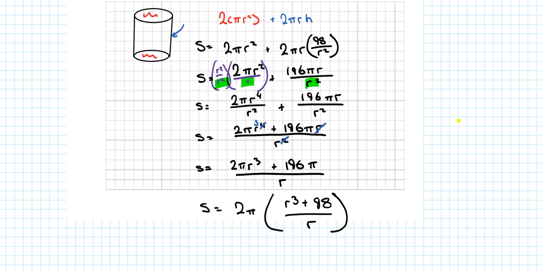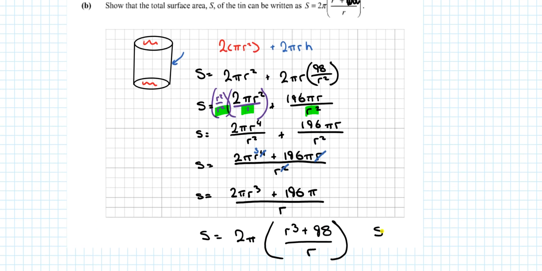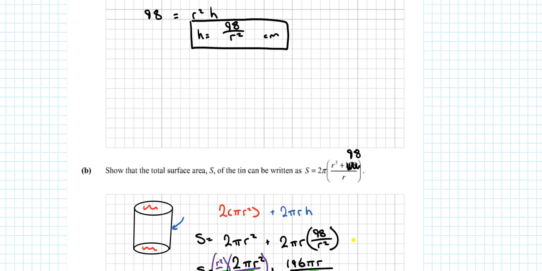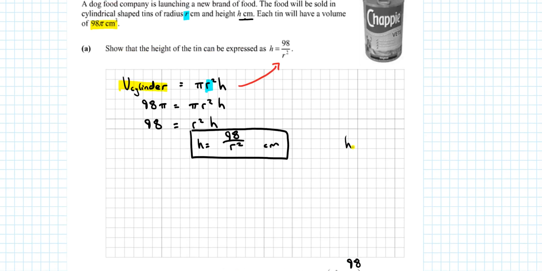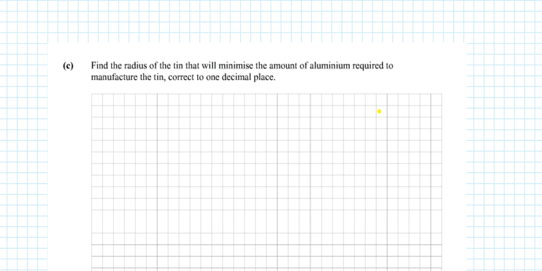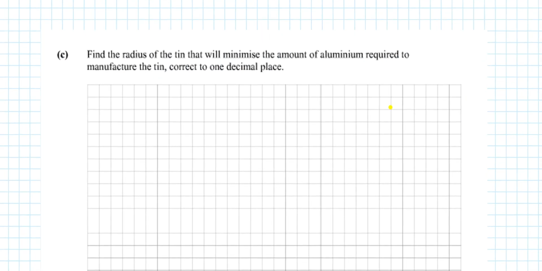So what have I got so far? I've got S in terms of R, and I've got H in terms of R. Okay, part C. Find the radius of the tin that will minimize the amount of aluminium required to manufacture the tin, correct to 1 decimal place.